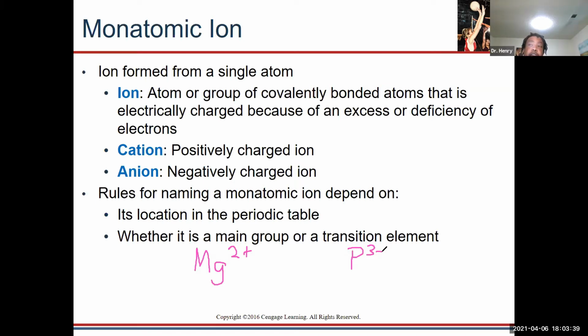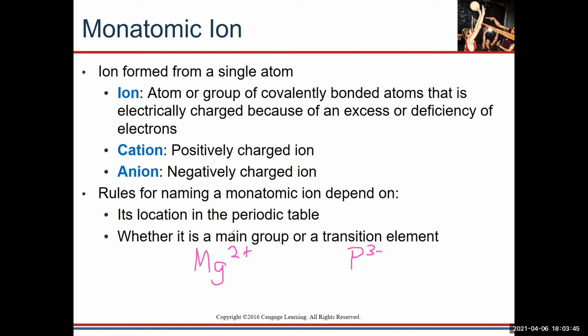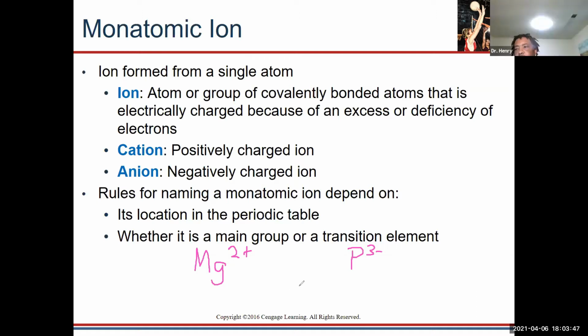So when we put these guys together, how many magnesium ions will I need to balance out how many phosphide ions? You need 3 and 2. If you made it Mg3 and the other one 2. Okay.